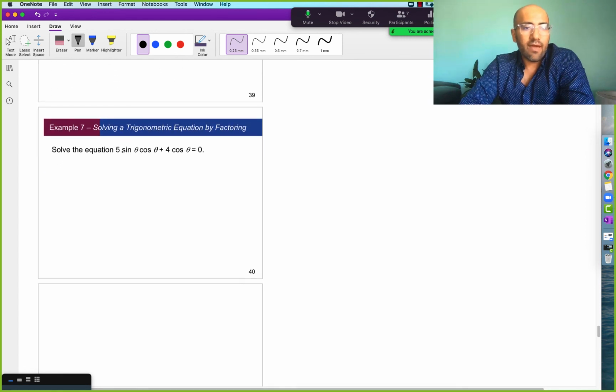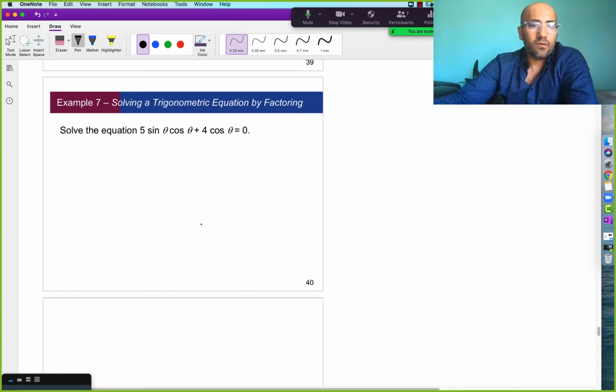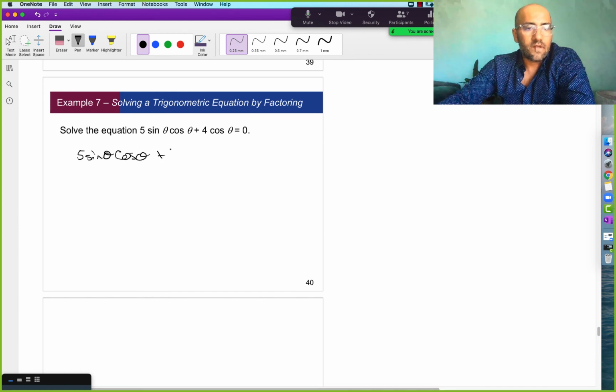We have 5 sine theta cosine theta plus 4 cosine theta equals 0. Solve for theta. The first thing that pops to mind is to factor out a cosine of theta. Then we have cosine of theta times 5 sine theta plus 4 equals 0.